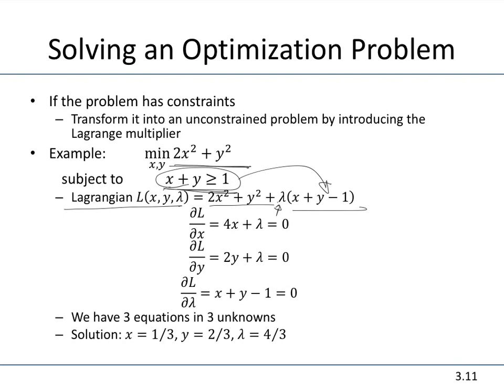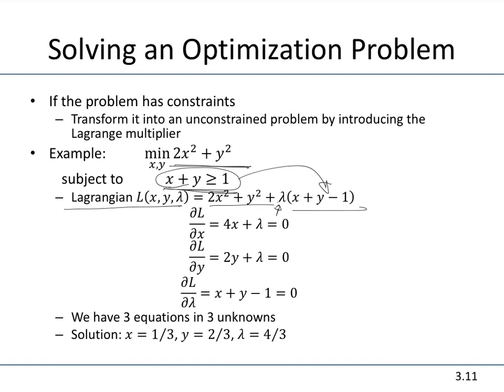Right. So the idea with the Lagrangian multiplier is that the Lagrangian multiplier will be perceived as a penalty. So if the constraint is not fulfilled, I will allow lambda to be high to give you a penalty, to act against you.